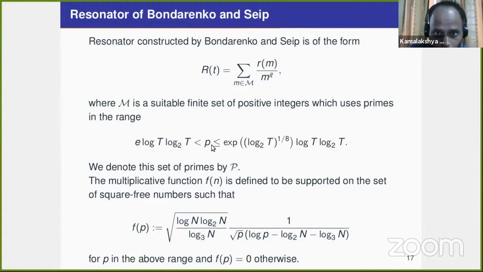What happens in this method is that they construct some multiplicative function f of p, which has this complicated formula over here, which comes from many previous works and some tries here and there. You try to construct this f of p, and this f of p takes values in some subset of primes in this range.